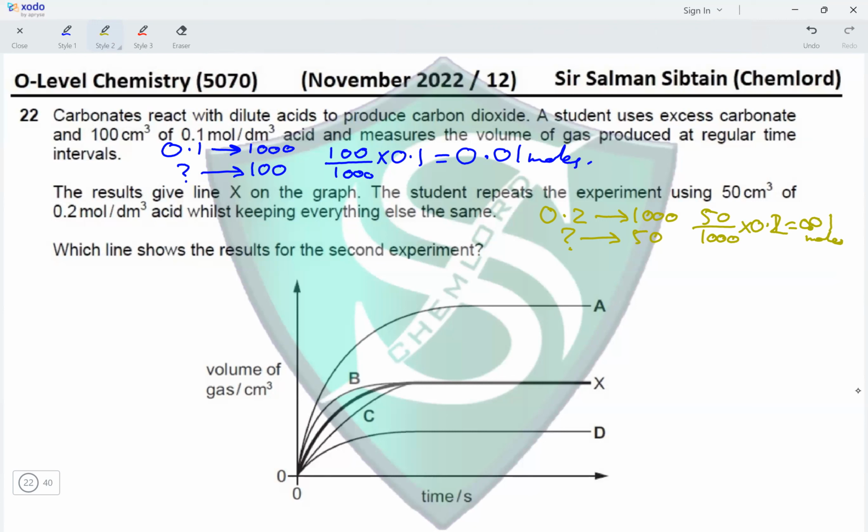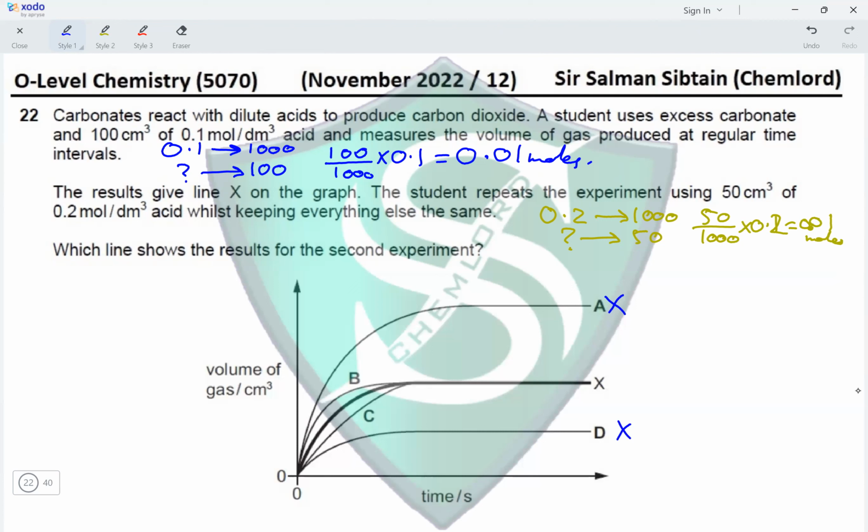The line is different, obviously, because options A, B, C, and D are all different. But we know that the number of moles of the reacting acid is the same, right? So the volume of gas produced will be the same, which means automatically options A and D are incorrect because they are showing a higher and a lower volume of gas produced respectively.